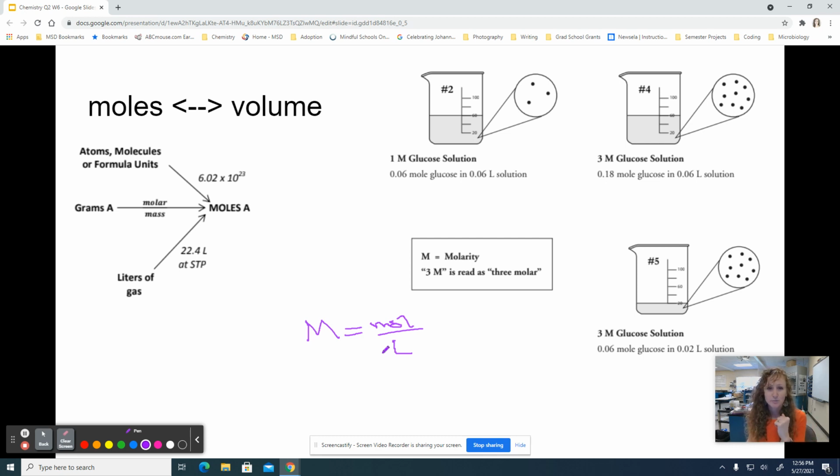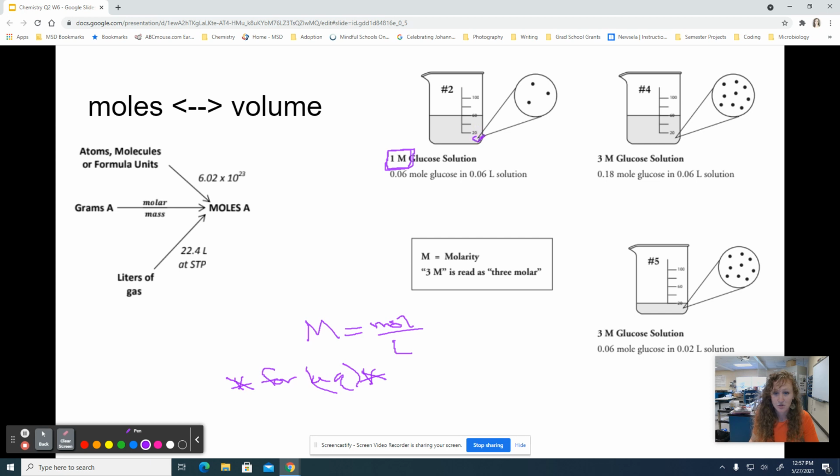We'd use it to convert between moles and liters for an aqueous solution. So molar volume is just for gases. Molarity is just for aqueous solutions. It's a conversion factor between moles and liters, which means that molarity is constant no matter what part of the volume you take it out of.